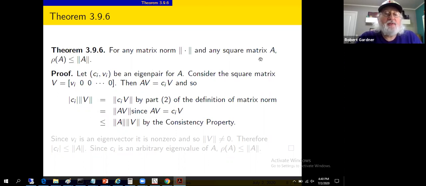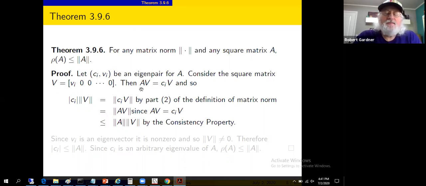Matrix A was hypothesized to be square in this stuff. It'd have to be if we're talking eigenvalues. So V is the same size as A, and its first column is this eigenvector of matrix A, and all the other entries are zeros. Then we claim matrix A times matrix V is c_i times matrix V, and that could use some justification.